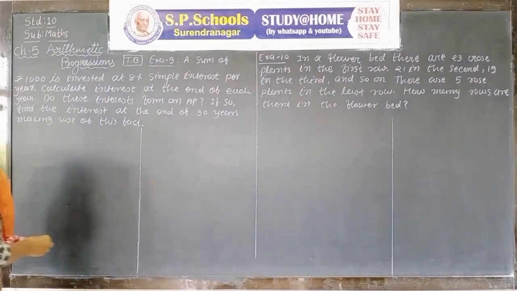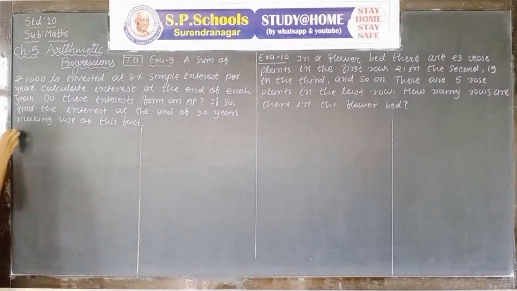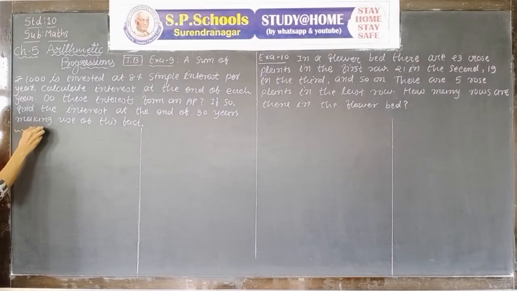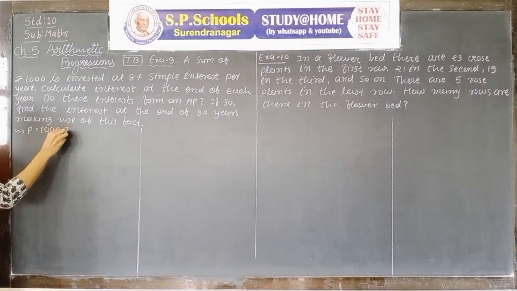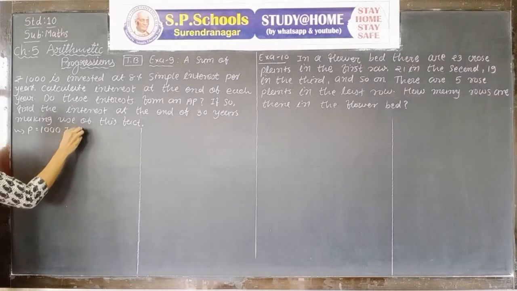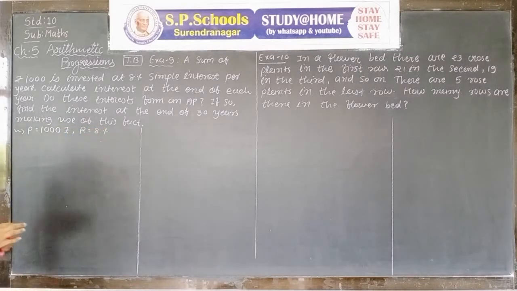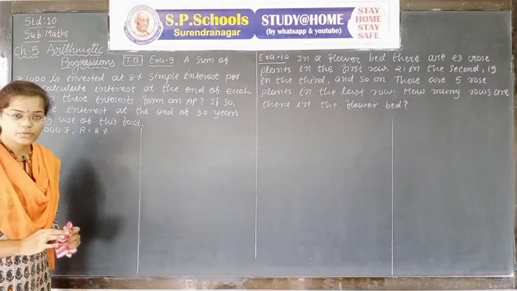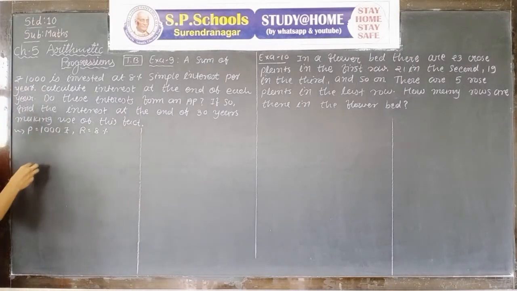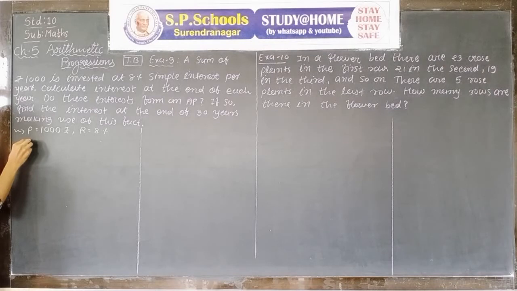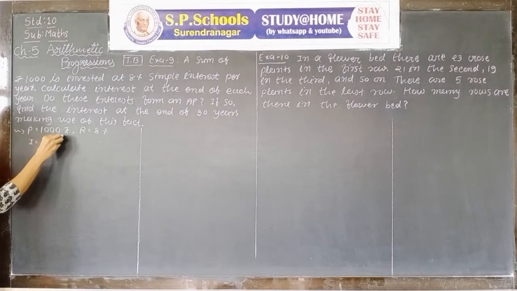First of all, principal amount P is given, 1000 rupees. Rate of interest R is equal to 8%. Simple interest per year we have to calculate here. For the first year, we know the simple interest I is equal to PRN upon 100.